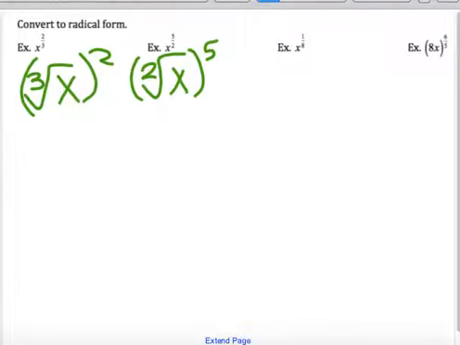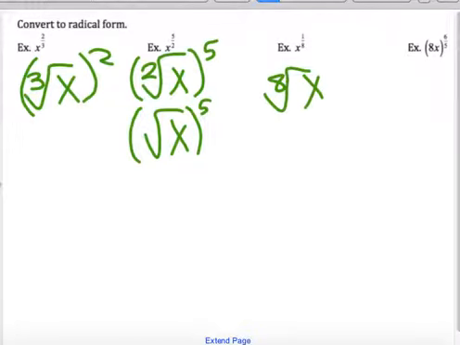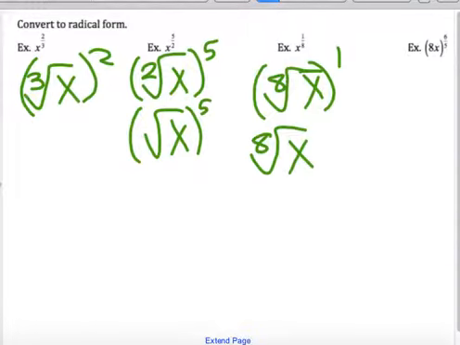We don't have to have the 2 in the check mark area. It would be the same as this answer. And on the third example, x to the 1/8, we have the 8th root of x to the 1st. But again, we don't have to have that 1. So if you wrote the 8th root of x, that would be equivalent.